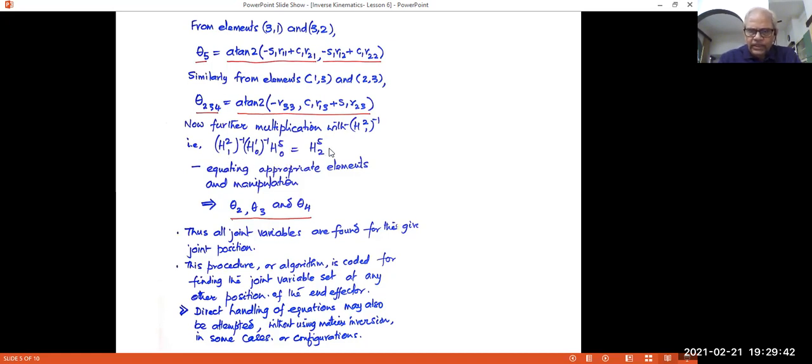On the right hand side, in the parametric form, you have H52, whereas on this side you will have elements mainly involving only theta 2 as unknown. So we compare those elements, and once theta 2 is known, theta 3 also can be solved like we did before. So theta 2 and theta 3 can be known, and because we already know the sum of them, we can always know theta 4 also.